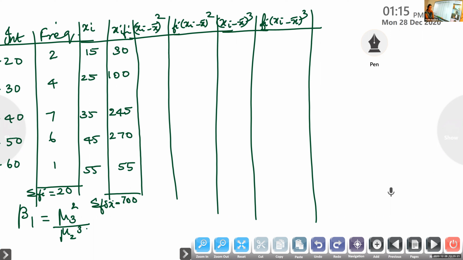What is xi minus x bar, the whole square? X bar is 35, isn't it? So 400, 100, correct children? Then 0, again 100, 400.